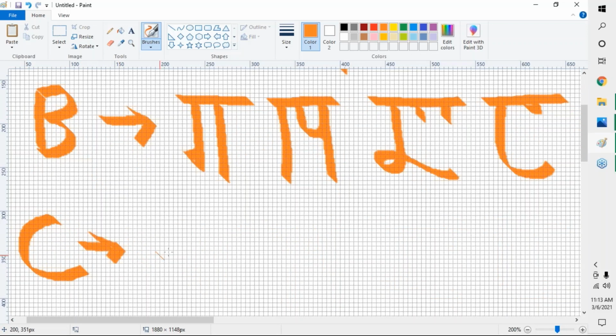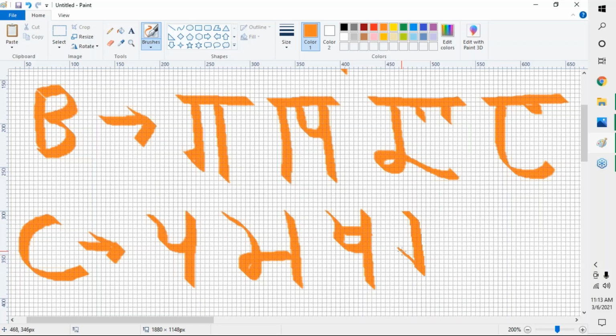Then category C. What we told in category C is that there is no Shirorekha. For example, P, M, Sh, S. If you see here, on these alphabets we do not add any Shirorekha.